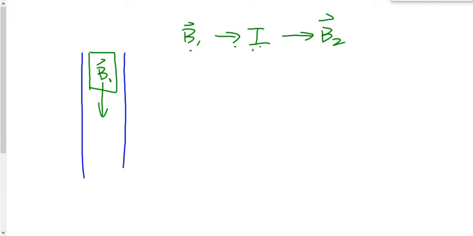So now I've got two of them. I've got the magnetic field that was the magnet that I dropped for Ian in the demonstration. That magnetic field generated a current in the copper tube. The current in the copper tube generated a second magnetic field. Now what's important is that these two magnetic fields will always act together to oppose motion.